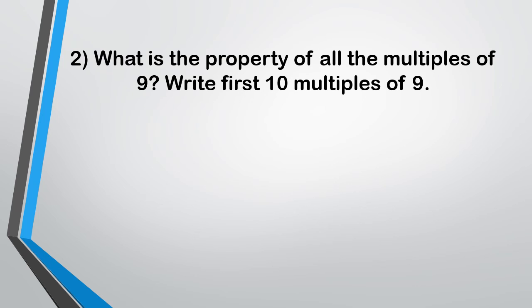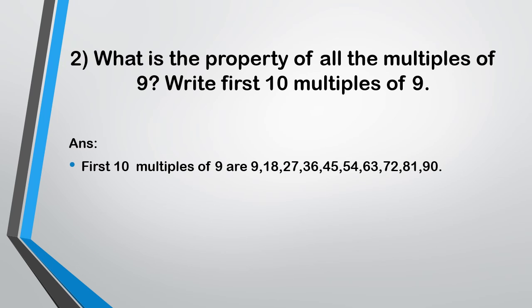Second sum: what is the property of all the multiples of 9? Write the first 10 multiples of 9. To write the multiples of 9, we can use the multiplication table, the 9 table. The first 10 multiples of 9 are 9, 18, 9 3s are 27, 9 4s are 36, 9 5s are 45.